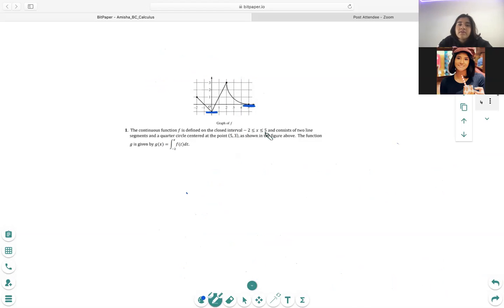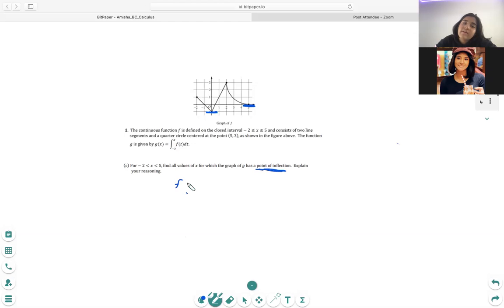All right, and now part C: for the interval -2 to 5, find all values of x for which the graph of g has a point of inflection. When we think about point of inflection, we immediately think about the second derivative and concavity.